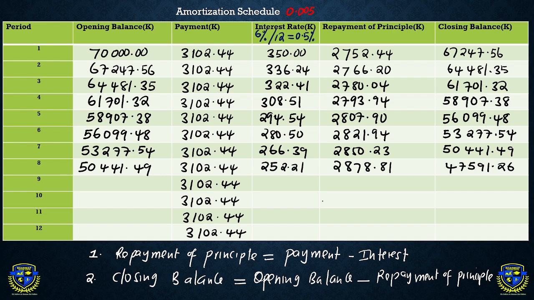Okay, so being the closing balance, the 47,591.26 becomes the opening balance. So we are going to do the 0.005 multiplied by the 47,591.26. That is going to give us our interest of 237.96.